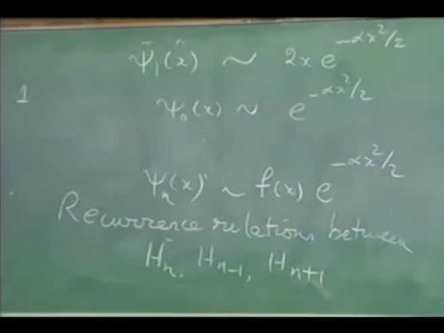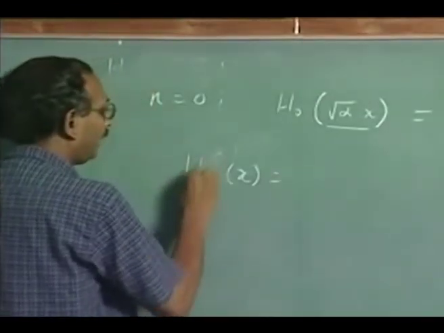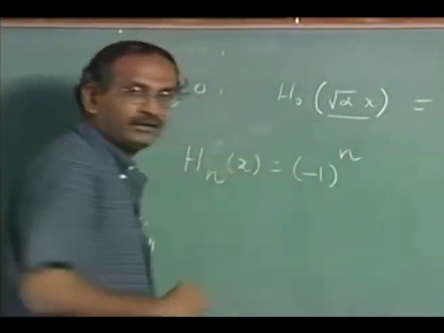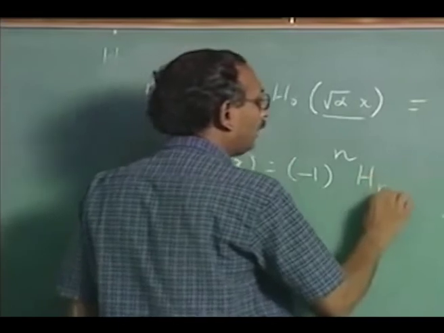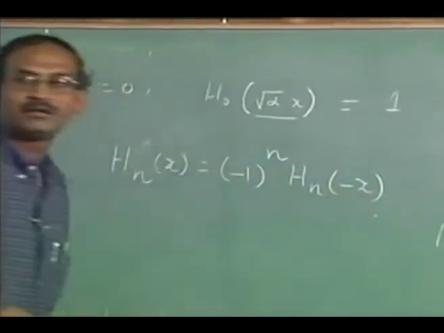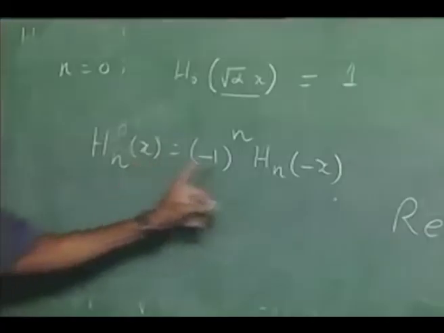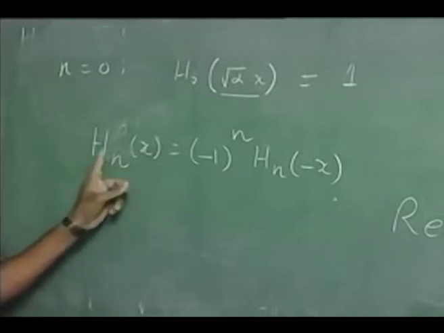So the relation here is that hn of x is minus 1 to the power n of hn of minus x, meaning that when n is odd, the function becomes the negative when x becomes minus x. So this is something that will again be important when we go further.